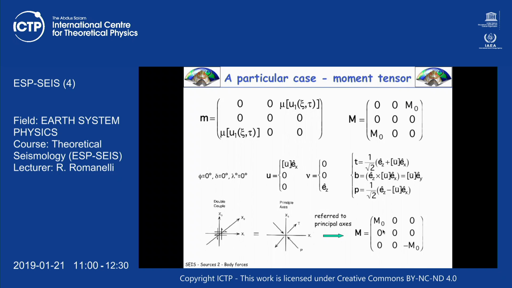If you can't be in the far source, actually, the fault cannot be considered as a point. But you can always imagine to divide it into subsources for which the far source condition is given, and you can replace them with double couples, subsources, whose orientation in space is resembling the slip and the normal, but in this case is fixed.